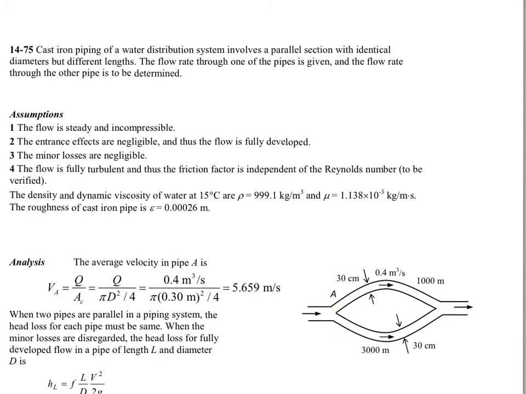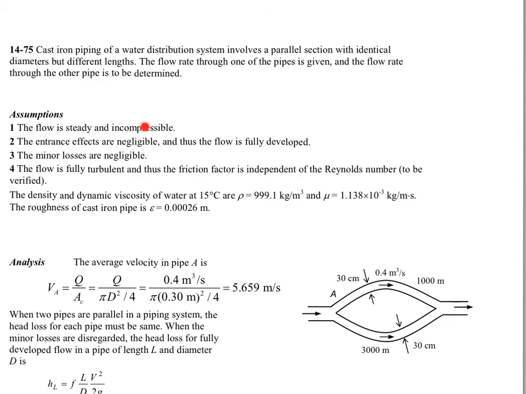What in fact happens is, because the longer pipe will give rise to higher friction, and the shorter pipe will give rise to less friction, the flow rate will drop in the longer pipe compared to the shorter pipe. Anyway, let's get through the calculations.